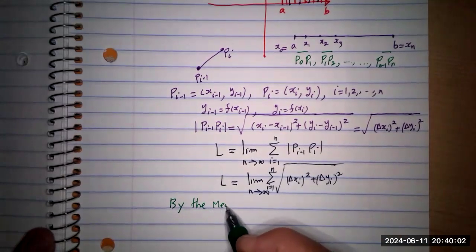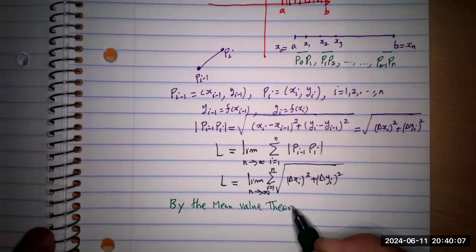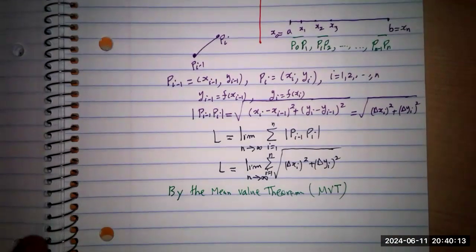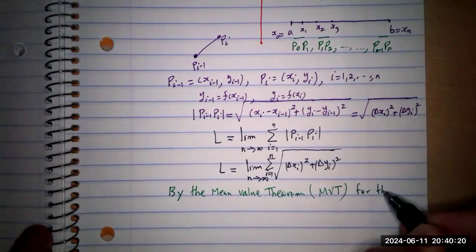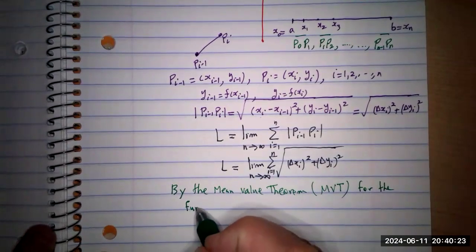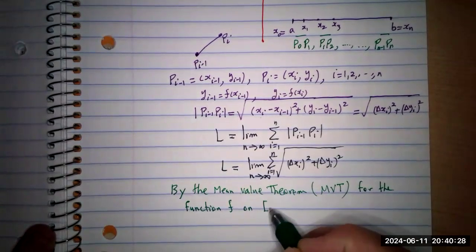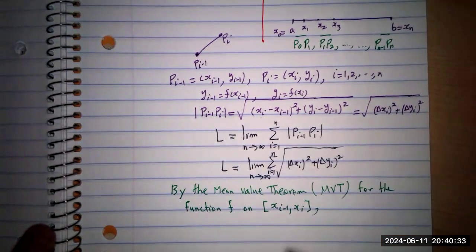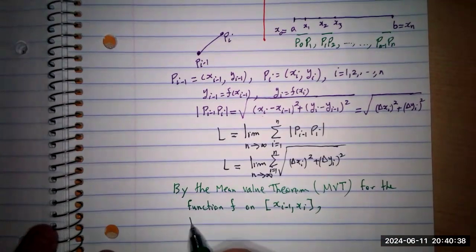Mean value theorem. In calculus 1, we refer to it as MVT. For the function f on each of these closed intervals, xi minus 1 and xi, there is a number.